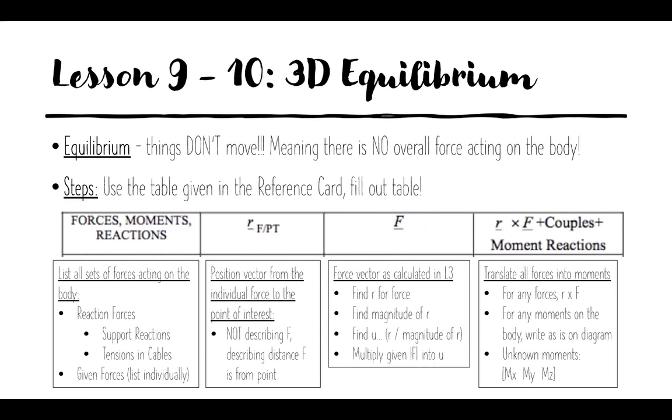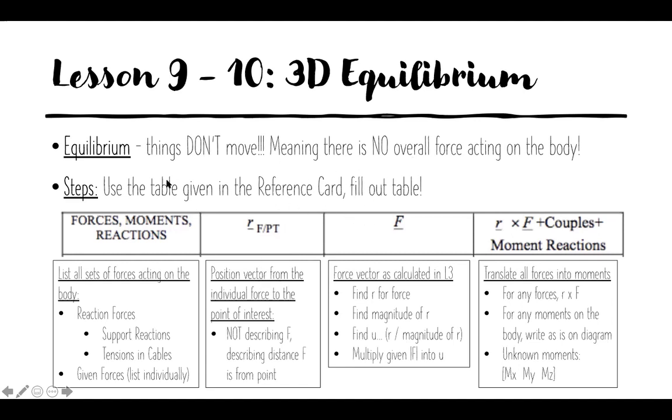Then this last column is the culminating part. For any forces, anything that had a value in here, you're going to do this column cross this column equals this column. Any moments that you had over here aren't going to have anything in these two columns, because these are how you convert forces to moments.